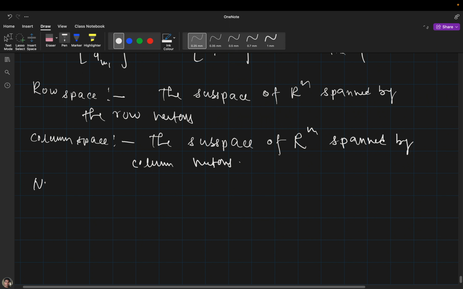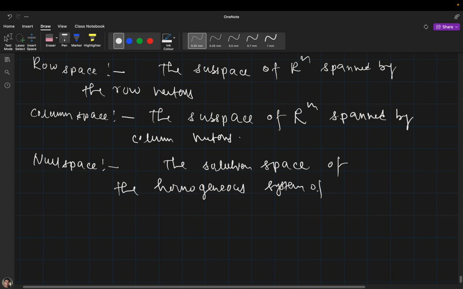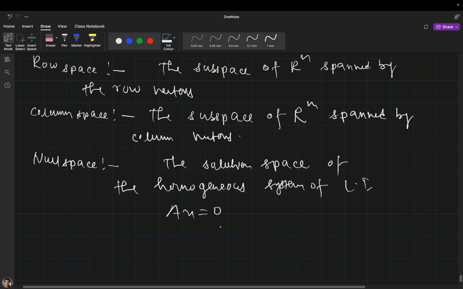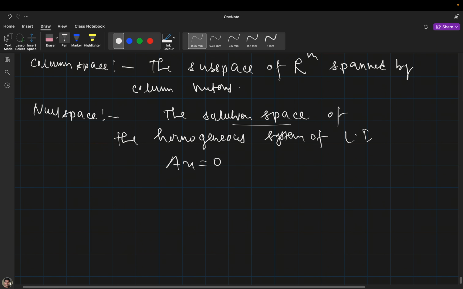Now what is null space? Null space is the solution space of the homogeneous system of linear equations Ax equal to 0.